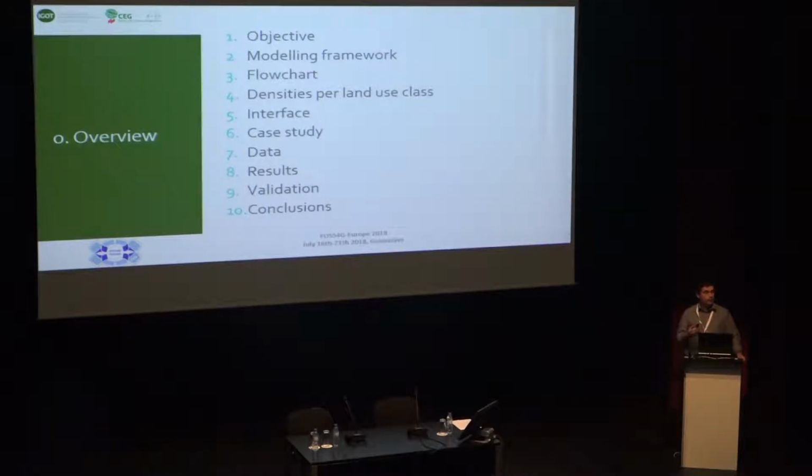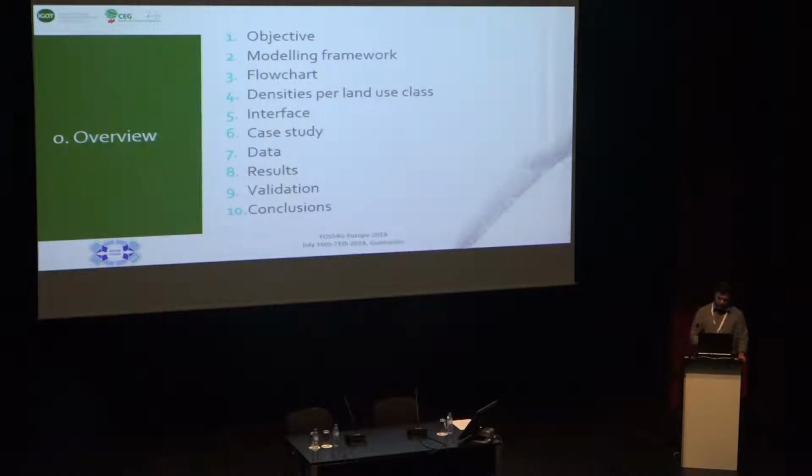That's not a new problem, it's an old problem that is solved in other software, but it was not solved in QGIS. And that was the starting point for this work.